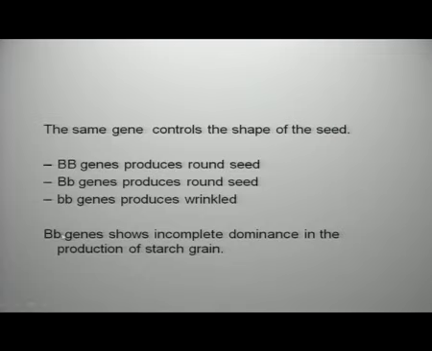Capital B, small b alleles together produce intermediate starch grains, and at the same time they produce a round seed.